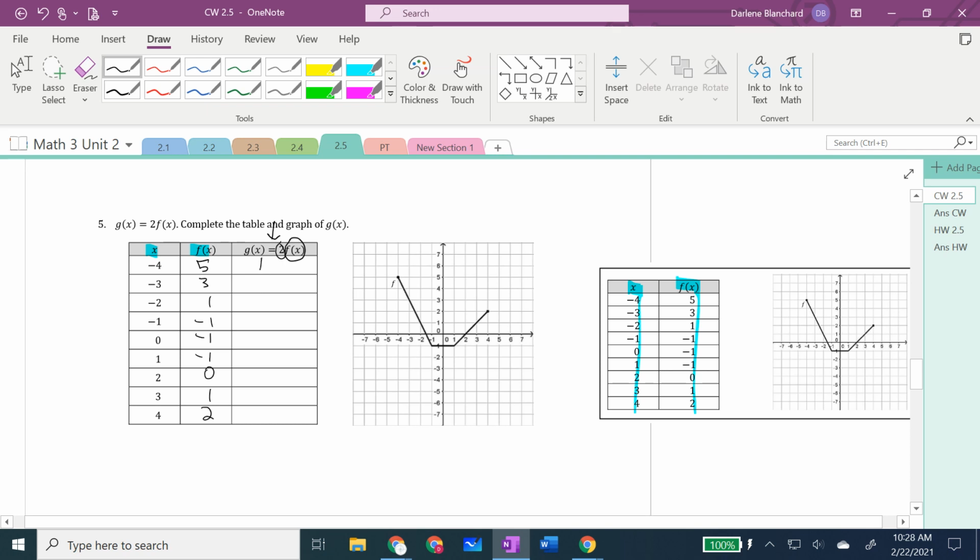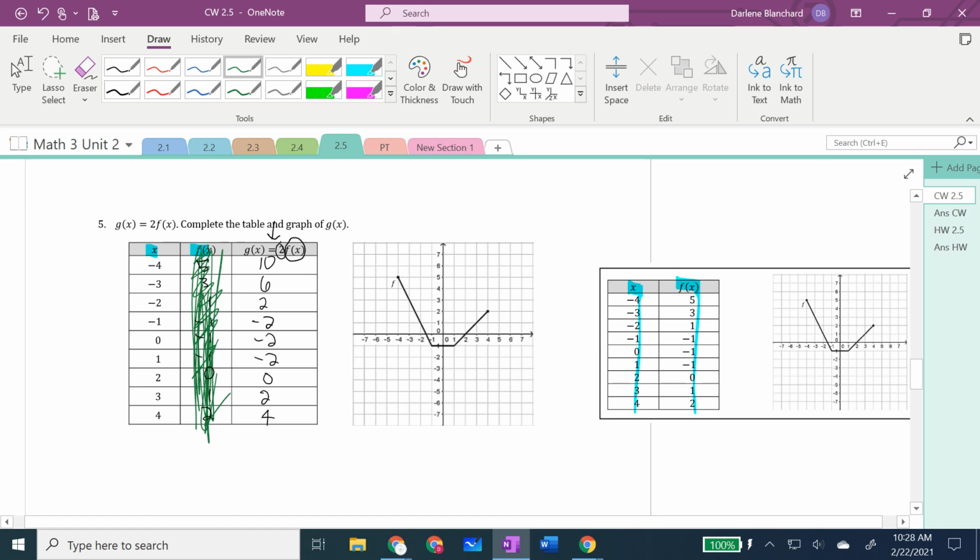So I have 5 times 2, 3 times 2, 1 times 2, and times 2, times 2, times 2. 0 times 2, well, that's not going to do anything. 1 times 2, and 2 times 2. Then I'm going to eliminate the middle column so I don't accidentally write the wrong points.